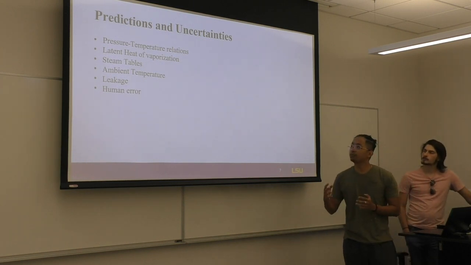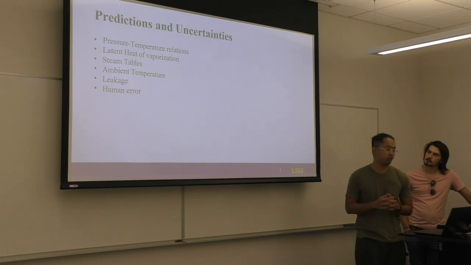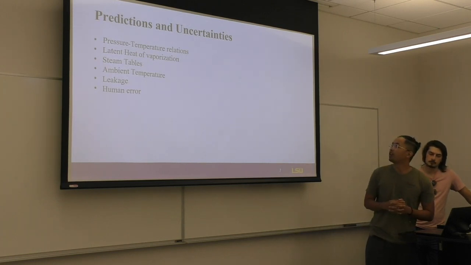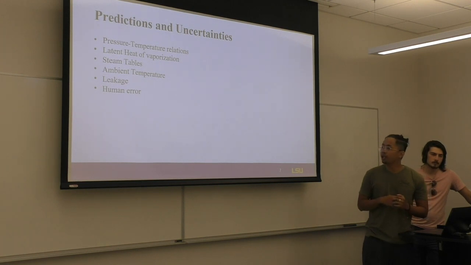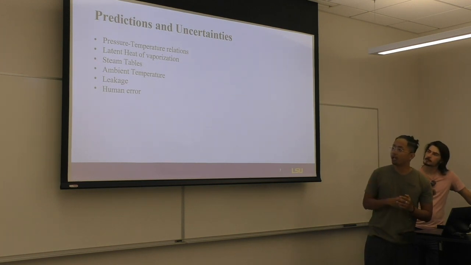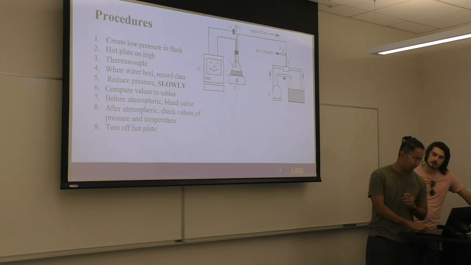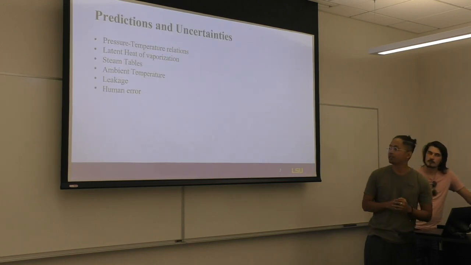The steam table values should be similar to the values we get from the data. And for our uncertainties, the ambient temperature and pressure can have an effect on the experiment's accuracy. And leakage: I was talking about the seal on the beaker, so we have to worry about that so pressure does not leave the beaker. And lastly, we have human errors.